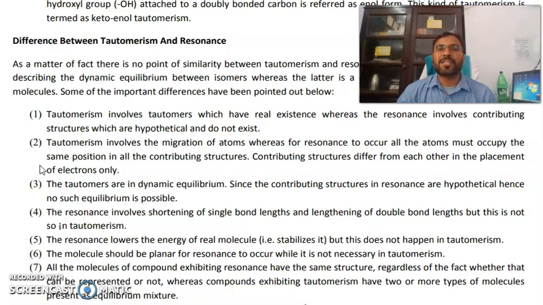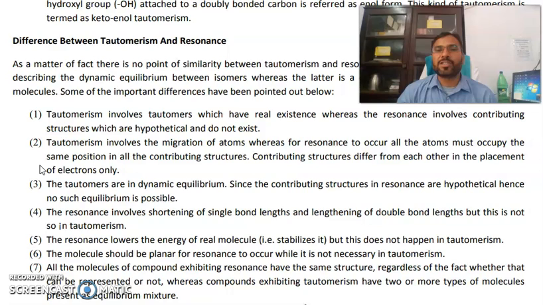Tautomerism involves the migration of atoms, whereas for resonance to occur, all the atoms must occupy the same positions in all the contributing structures. Contributing structures differ from each other in the placement of electrons only. The tautomers are in dynamic equilibrium.